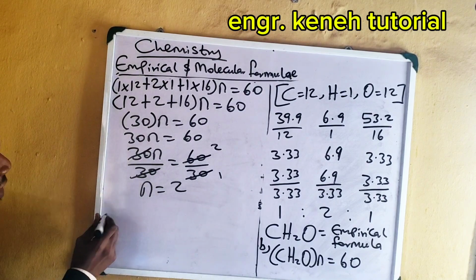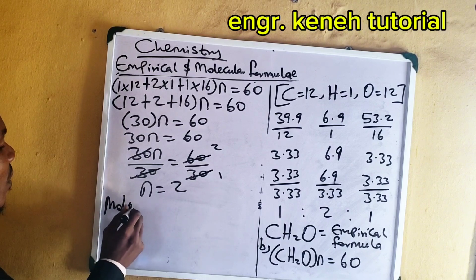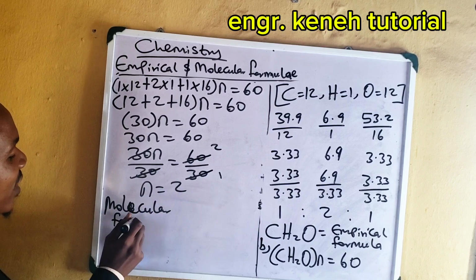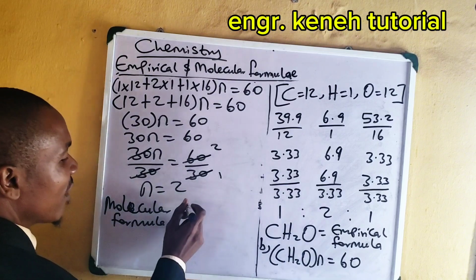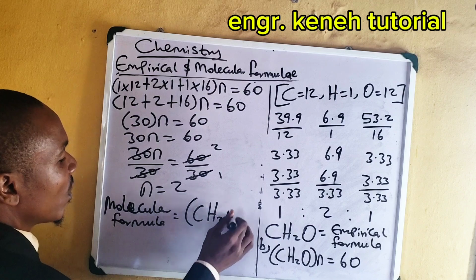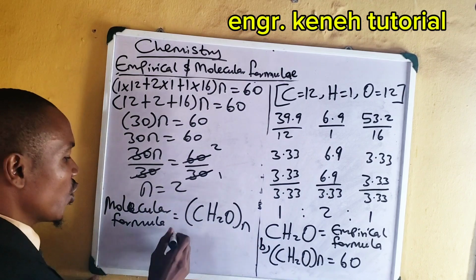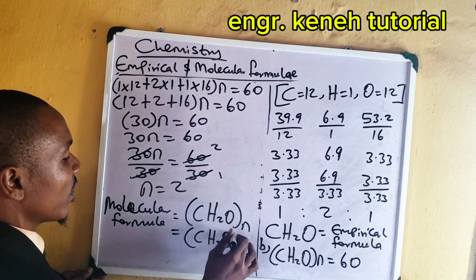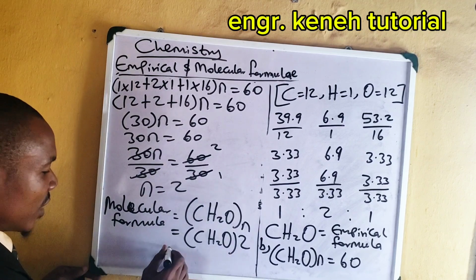So for us to get the molecular formula, we go back and pick this. We have it to be (CH2O)n. Now we have found the value of n, and n is 2. So we substitute, we have (CH2O) times 2. So 2 is multiplying this, and this.